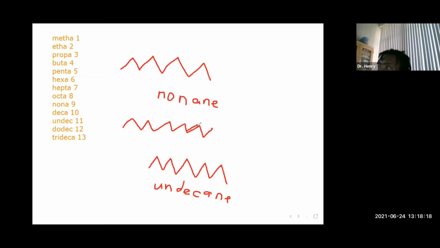So what do you guys think I would name it? Do I multiply it times 2? No, I don't multiply it times 2. So I have a double bond in it. So how do you think the name is going to change?